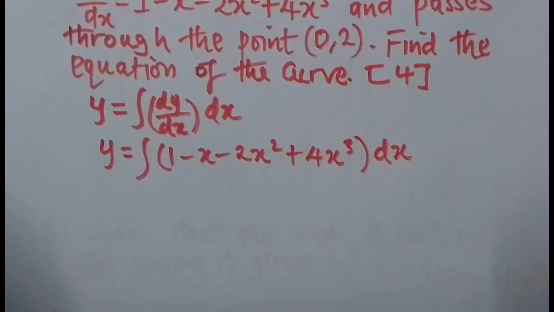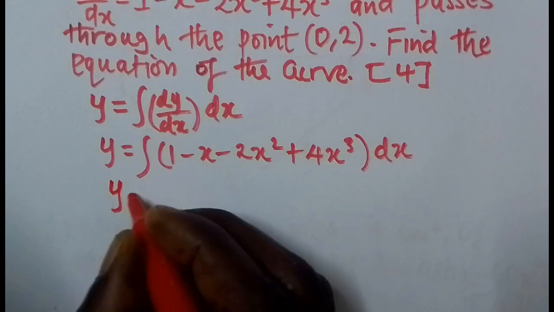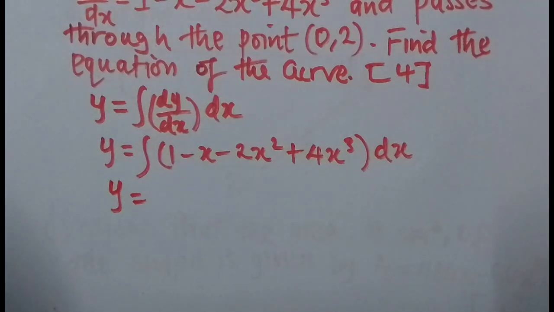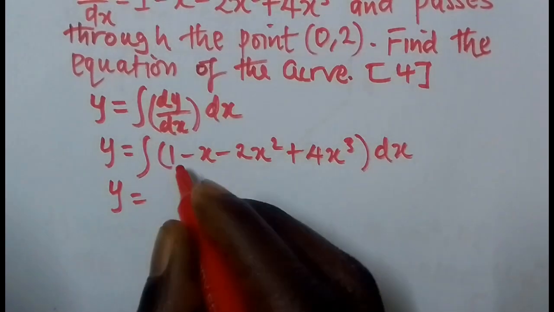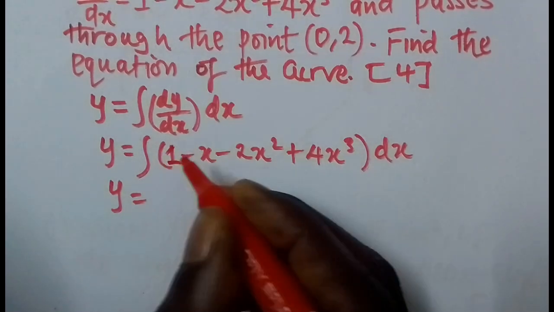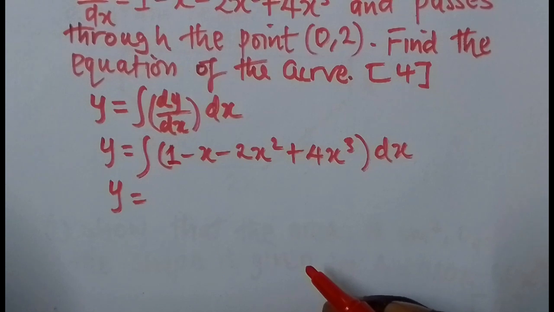What we're going to do is to integrate: we are going to add 1 to the index of x, and that means we're going to get a new index. We are going to divide each term by the new index that we get, and then also add plus c and calculate for c, which is the constant. On the first term we've been given 1, and so we have to introduce x.